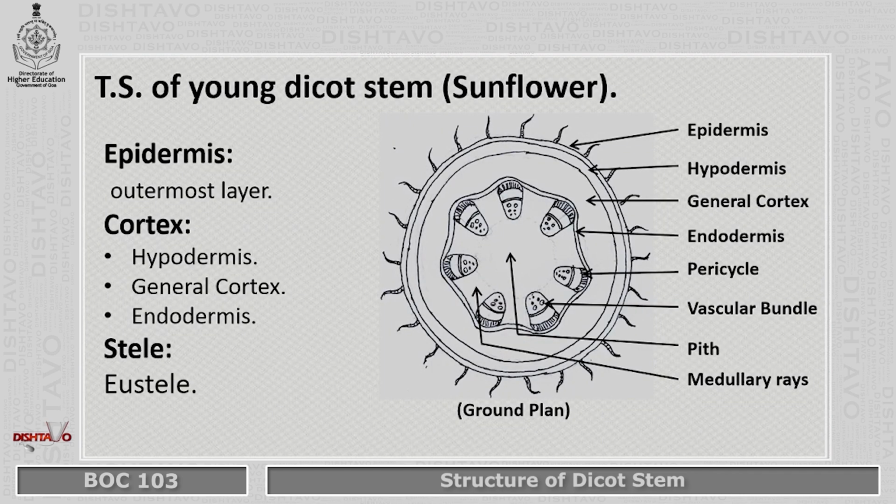When we look at the ground plane or outline of TS of young dicot stem, here we have taken example of sunflower young stem. The outermost layer we see is epidermis. Epidermis is followed by cortex, which consists of outermost layer hypodermis, middle layer general cortex, and innermost layer endodermis.